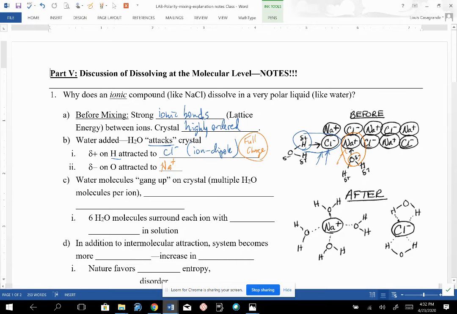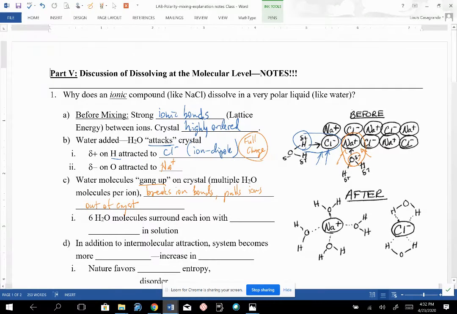And again, we get enough water molecules around, and the water molecules gang up, multiple water molecules per ion, and it breaks the ionic bonds. There's enough energy now to break the ionic bonds, and it pulls the ions out of the crystal.